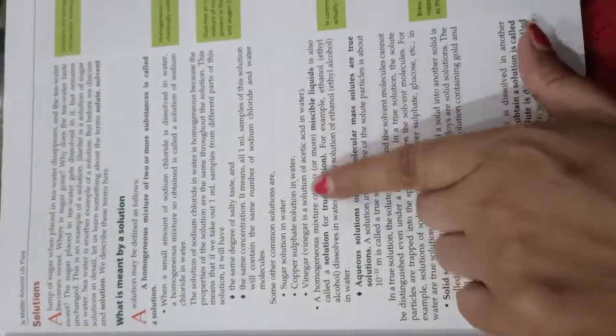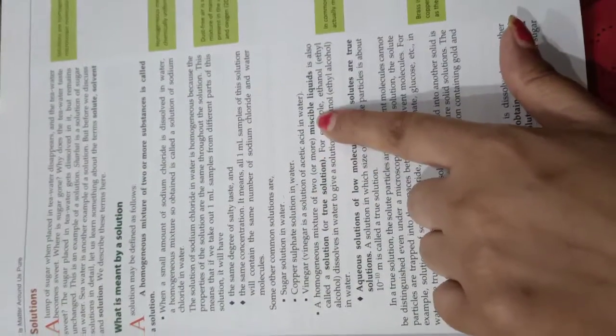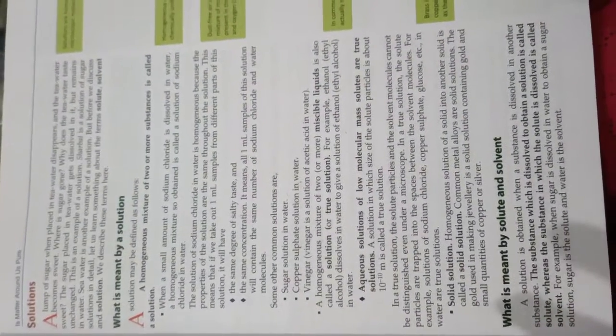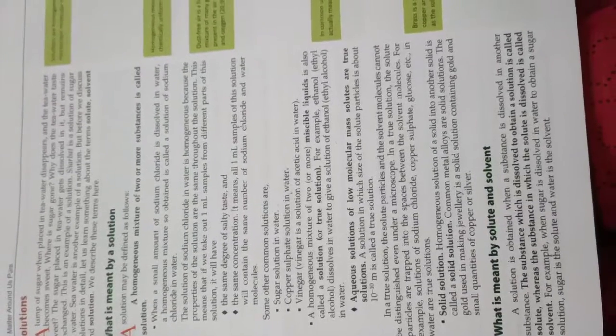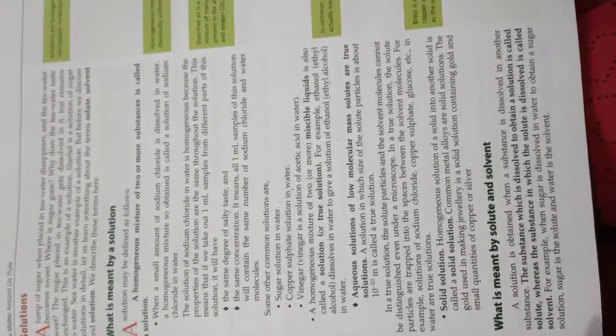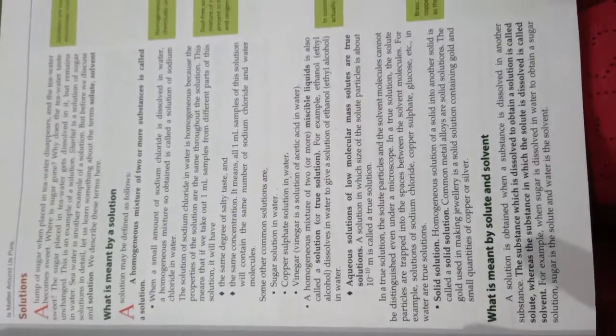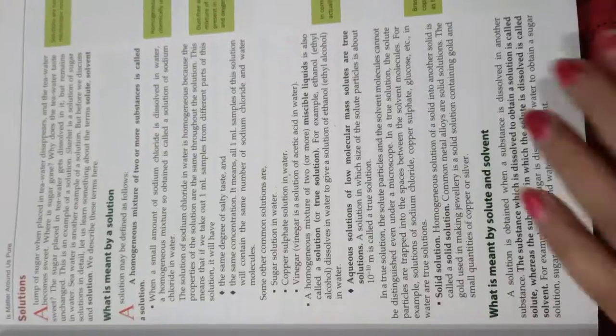Miscible: when a solution is fully mixed and cannot be separated, like sugar solution, this is called miscible. But a solution which can be separated by filtration is called immiscible. So these things you can write down in your copies.